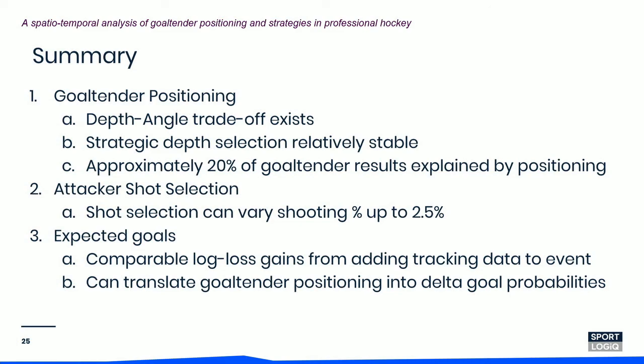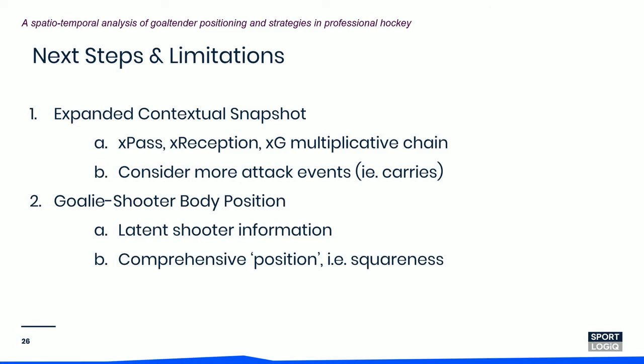And in the expected goals, we see a nice little gain, and we can use this as a framework for shooters and goalies to figure out how their positioning and, conversely, their shot selection impacts their expected goal probability.